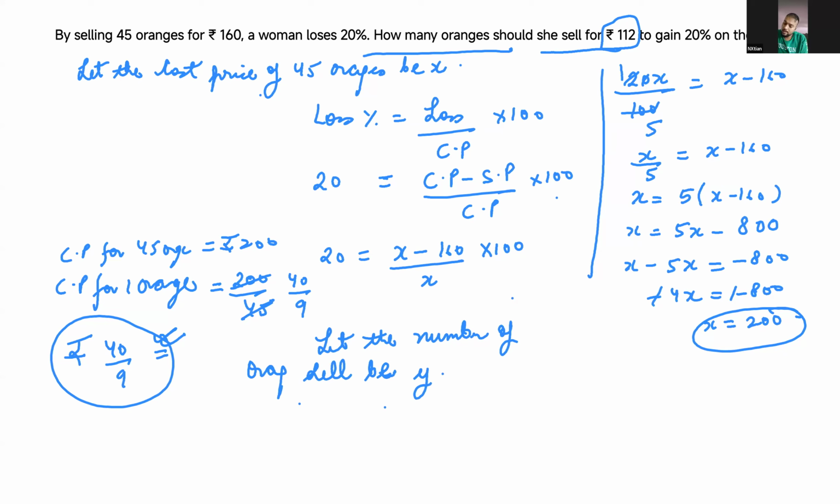So she gets a profit of 20%, no? So we'll write the profit percentage formula, which is profit into 100 upon what? Upon CP. Okay. Yes or no?